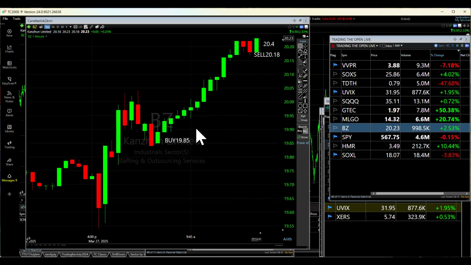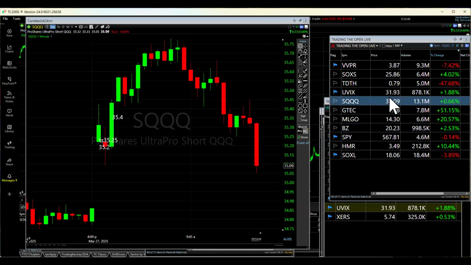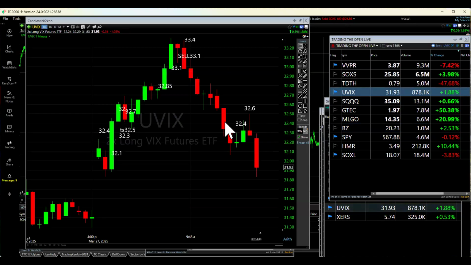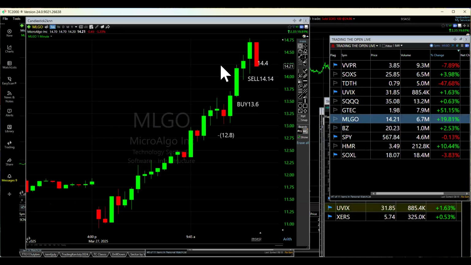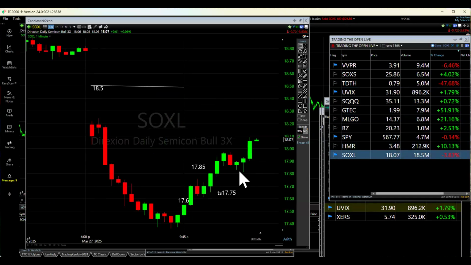Bank, bank profits quickly and often. Oh, you guys never did bounce with a 32.6. No, MLGO, we're out up here. So it's not 18.20. SOXL will go over 18.2.